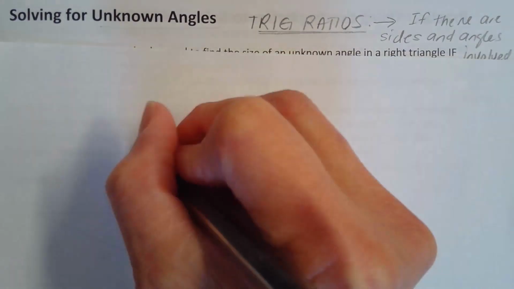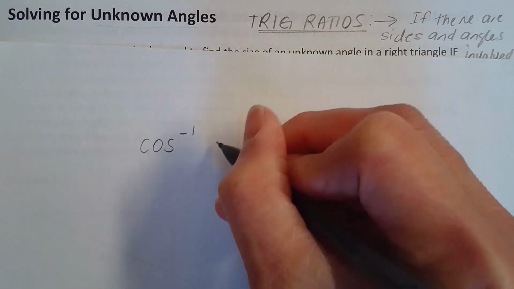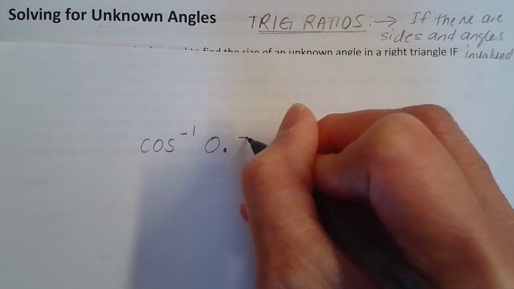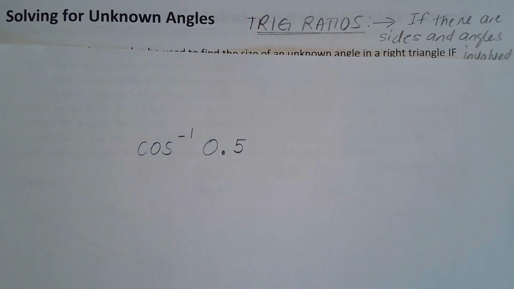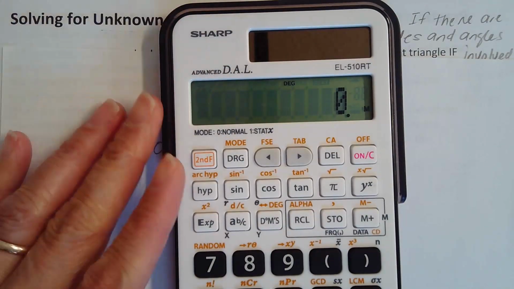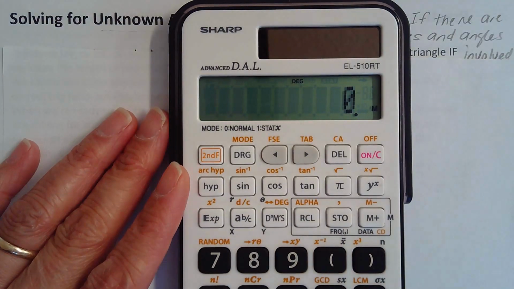Using our calculator, can you take the cos inverse of 0.5? Cos inverse of 0.5. So how would you do that on your calculator? Okay, can you see the cos inverse, the -1?